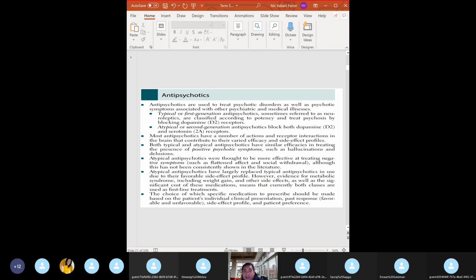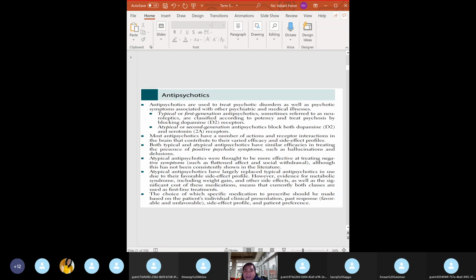And the atypical second generation antipsychotics block both the dopamine D2 and serotonin 2A receptors. So typical first generation, only dopamine D2 receptors. Atypical or second generation, D2 and 2A, both dopamine and serotonin. They have a number of actions and some receptor interactions in the brain.